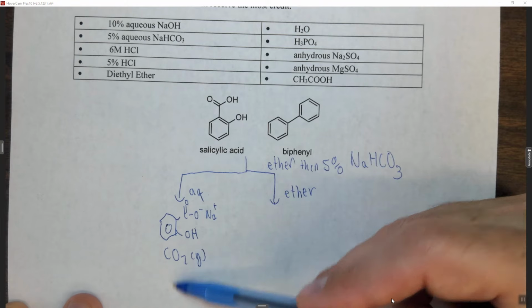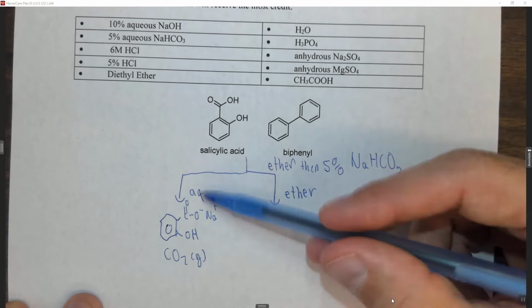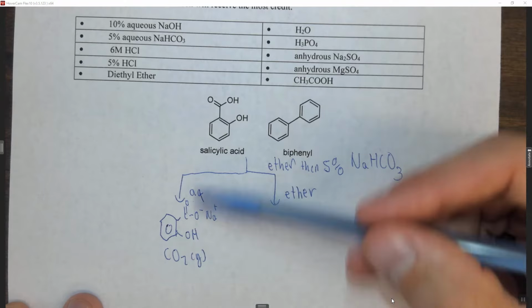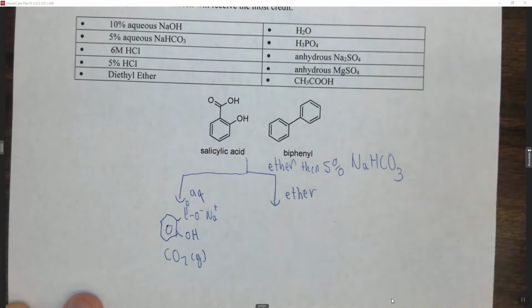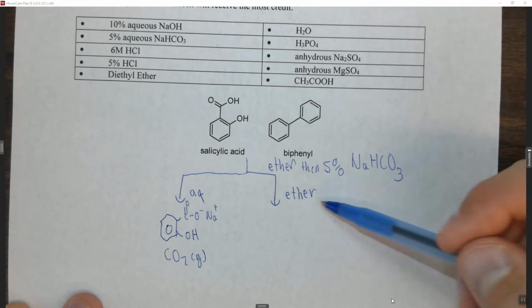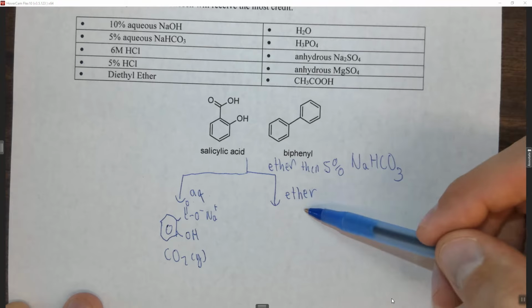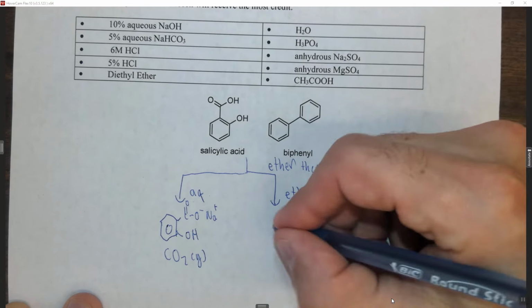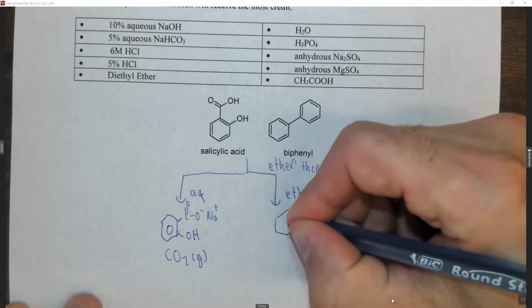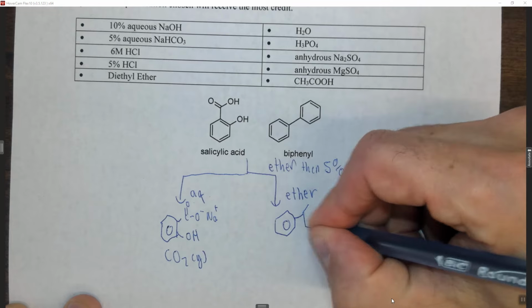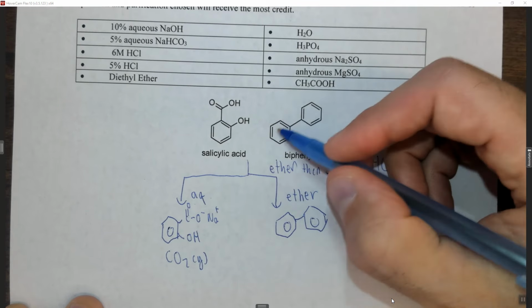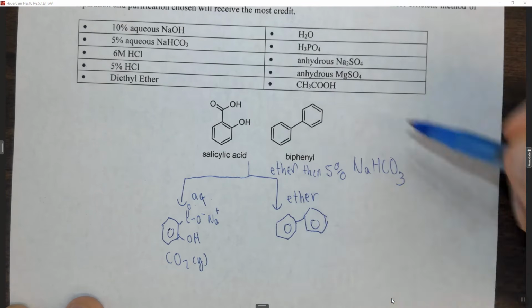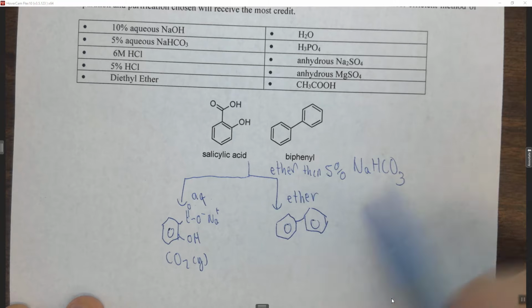So you could put water here or not put water here. I think it's kind of personal preference. Aqueous layer implies that there's water. So the ether layer is going to contain your neutral molecule, in this case biphenyl, which is just these two rings. I'm just illustrating these alternating single and double bonds with a circle.